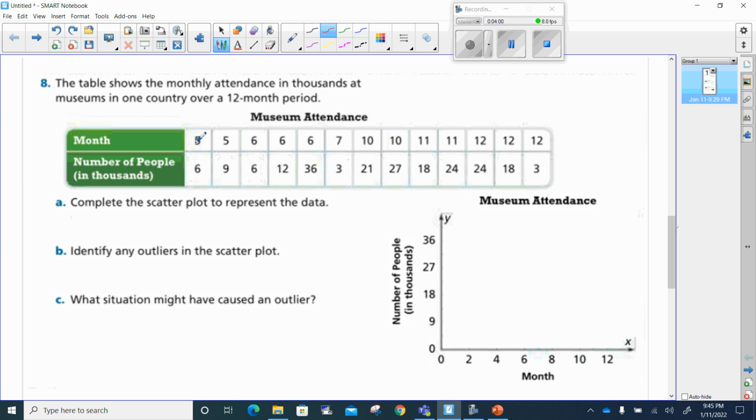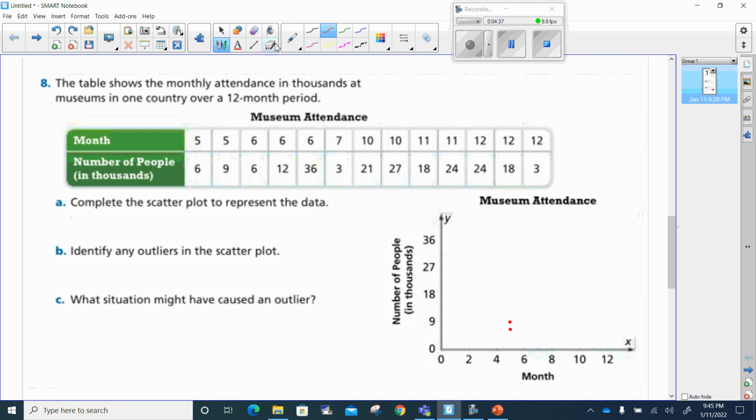So in the 5th month, the number of people was 6,000. Well, 9's up there, and 6 is going to be about here. Then we've got 5 and 9. Once again, we're at 5, but this time, instead of 6, we're going to hit 9.